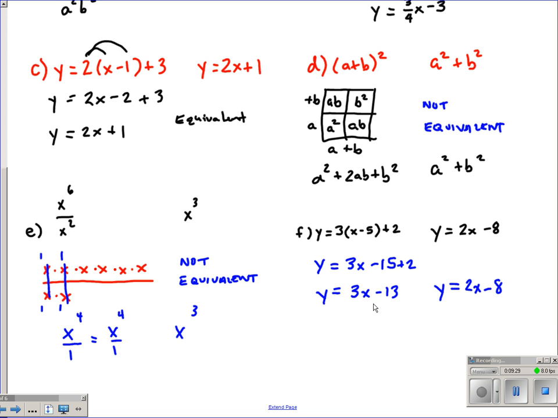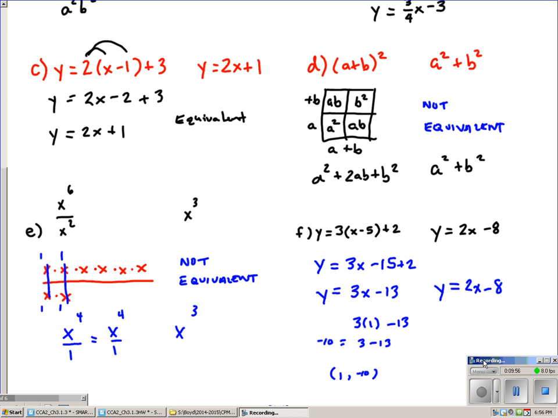And if we took values and plugged them in, let's say I plugged in 1 for x here. 3 times 1 minus 13. We would get 3 minus 13, which is negative 10. So it's safe to say that the point (1, negative 10) is a solution to this equation.